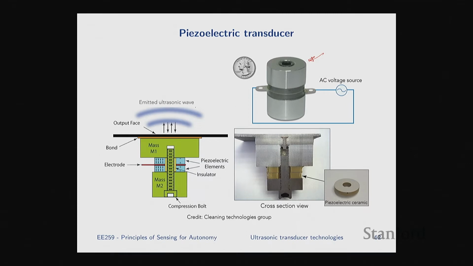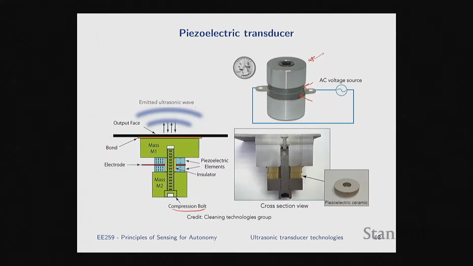And then if you look at the cross section of this, these two darker elements here, those are the piezo ceramics. And the way it's constructed, you sandwich your piezo ceramics between two pieces of mass, and you put them in tension with some compression bolt, right?